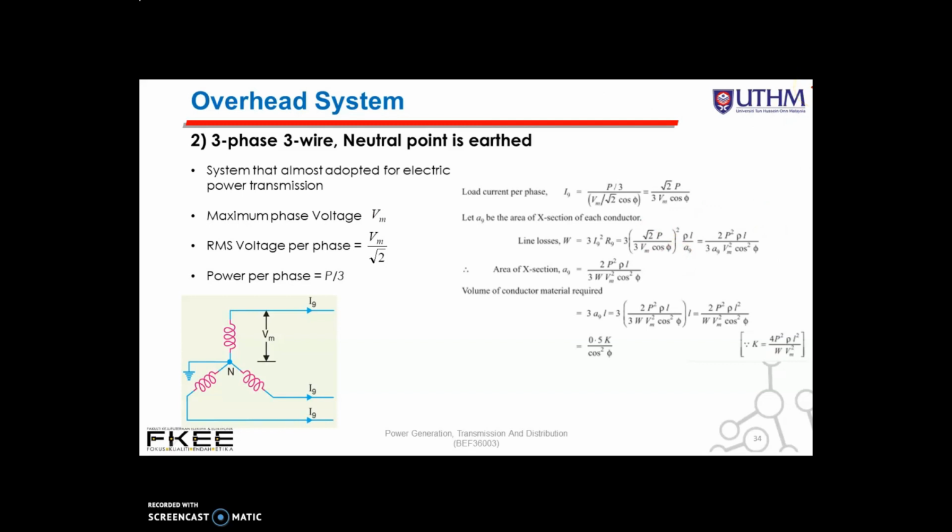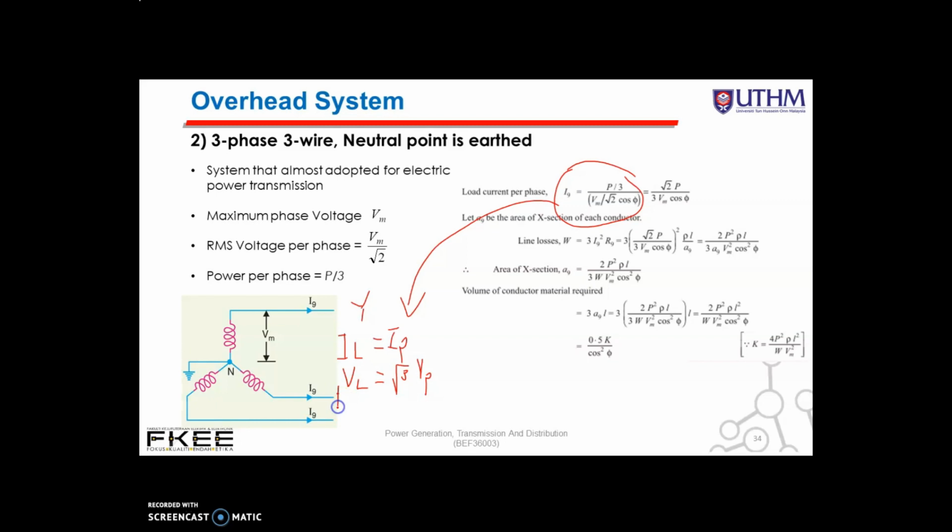So how do you get this equation? It is from here. For star connection, we have to know that I line is equivalent to I phase, and V line is equivalent to root 3 V phase. This is basic knowledge of the three-phase system.